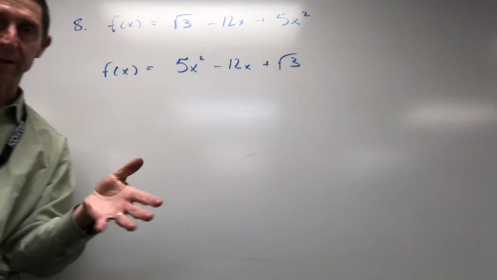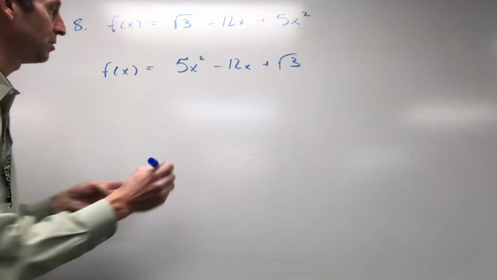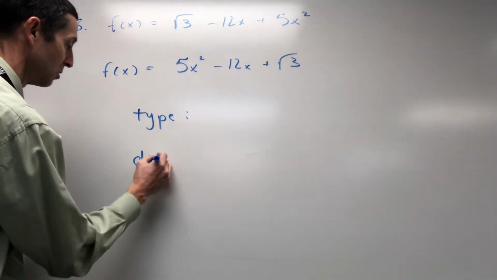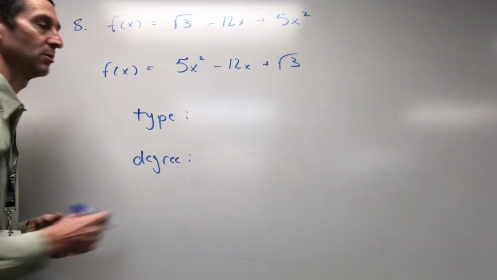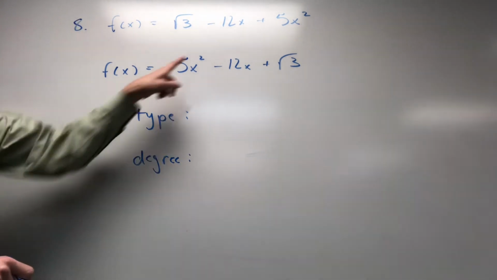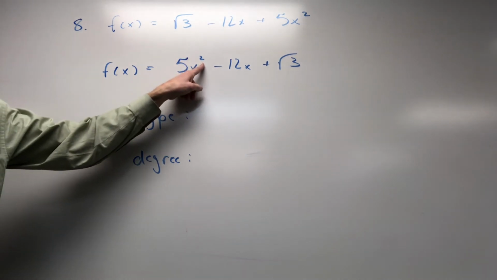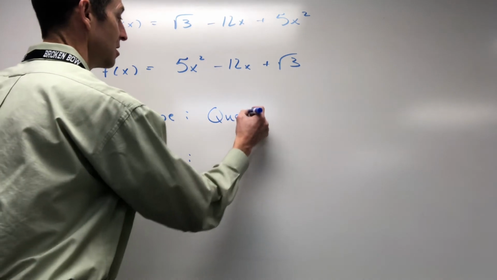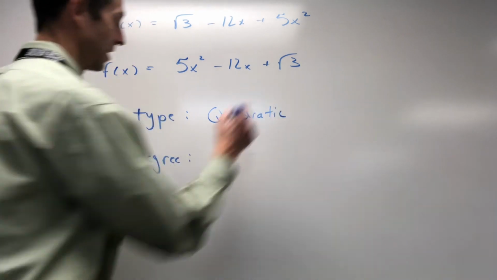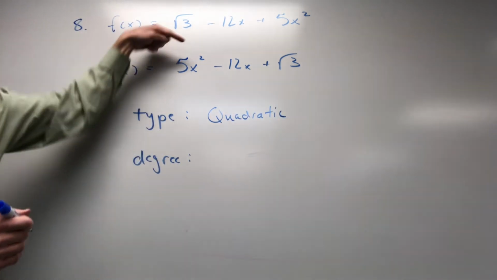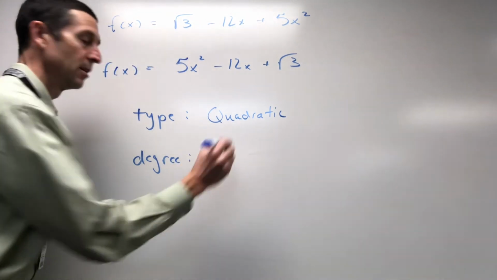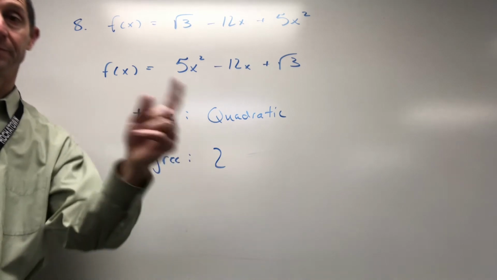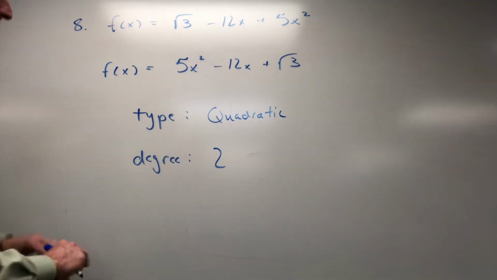So you reorganize it, you get it in order, and then you can figure out what type and what degree of the function you have. Well, the largest power is squared, second power. If that's the case, then this is a quadratic, and the degree is the largest exponent power. The degree of this function is 2. So find the type, find the degree.